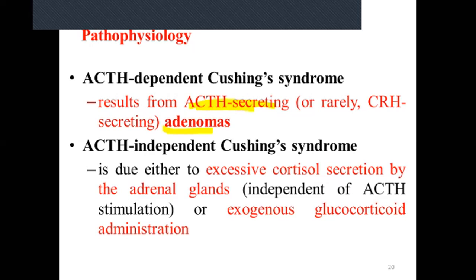But ACTH-independent is independent of ACTH stimulation, or it could be due to exogenous glucocorticoid administration. There might also be a condition that causes ectopic production of ACTH. We're going to discuss that on Wednesday. So we call these ACTH-independent causes of Cushing syndrome.